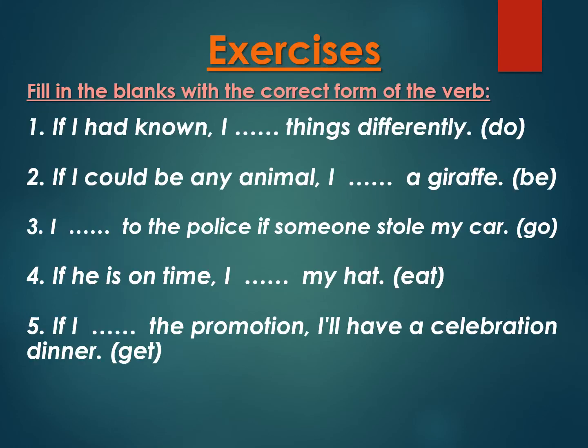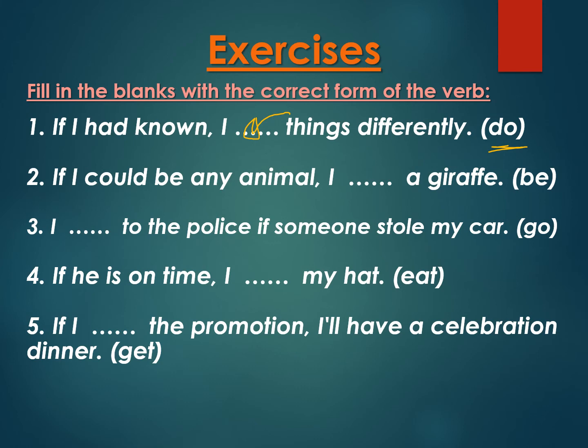Okay? Now let's move to the interesting part, which is exercises. Fill in the blanks with the correct form of the verb. So you will correct this verb and use it here. Okay? If I had known, comma, I do things differently. Now, how will you answer a question like that? You think of the rule.